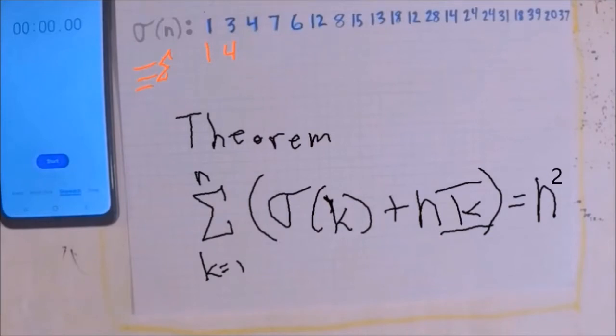1, so 1 squared minus 1 is 0. 2 squared is 4, minus the sum, which is 4, is 0. 4 plus 4 is 8. 3 squared is 9, minus 8 is 1.